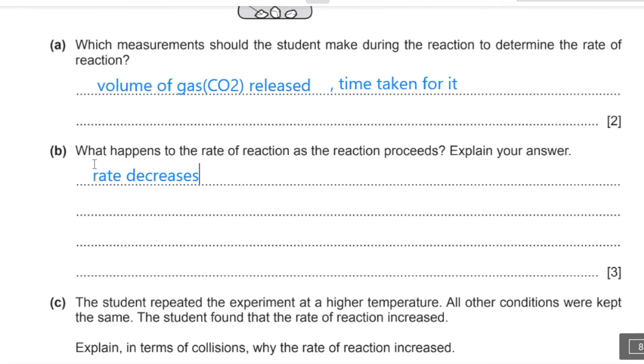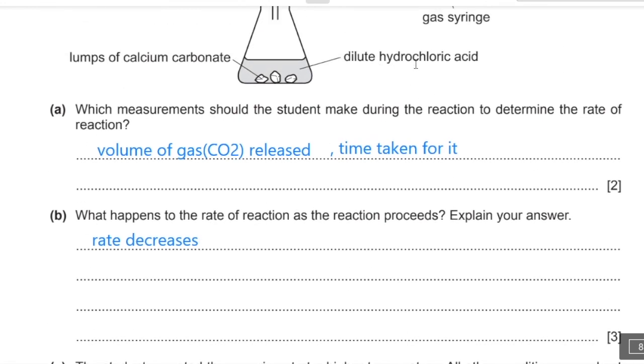And here you have to mention the limiting reagent, dilute hydrochloric acid, since calcium carbonate is in excess. And because concentration decreases, the collision between calcium carbonate and hydrochloric acid would also decrease, which is the reason that the rate decreases.